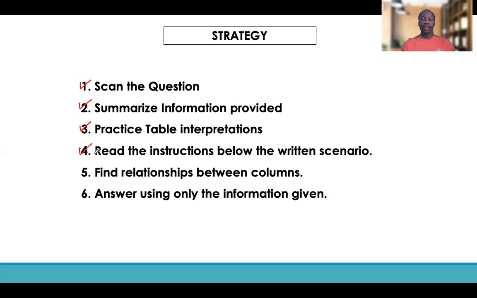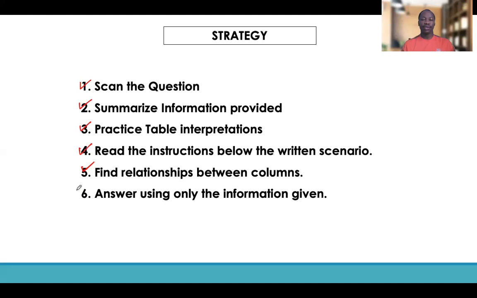Again, the examiner will provide for you a scenario. This usually comes in the form of a paragraph, so it is up to you to understand that written scenario by reading through it and breaking down the information provided there in bits so that you are able to identify relationships. Then the fifth point is in the same spirit of identifying relationships. It's important to break down the scenario into different parts or sections, and also scan through the table that contains the answer choices and see what kind of data or information is provided there.